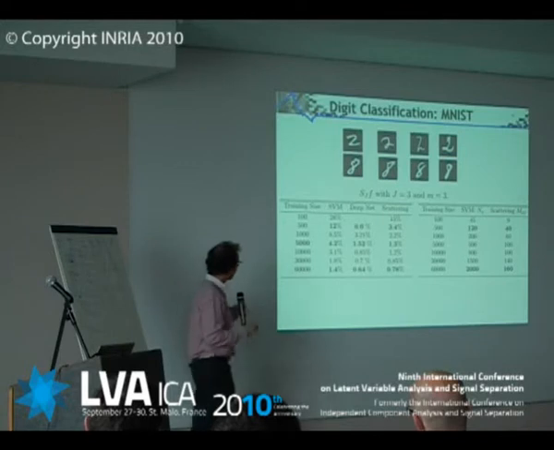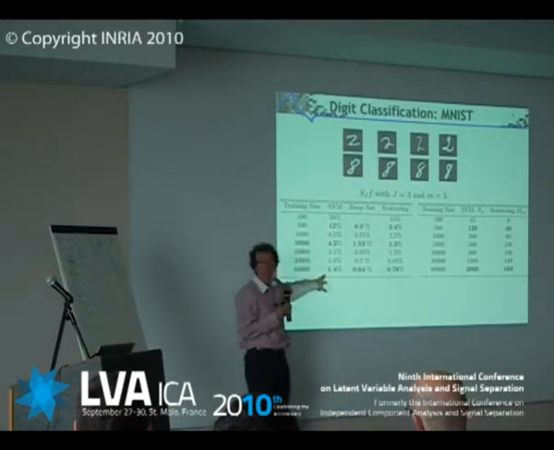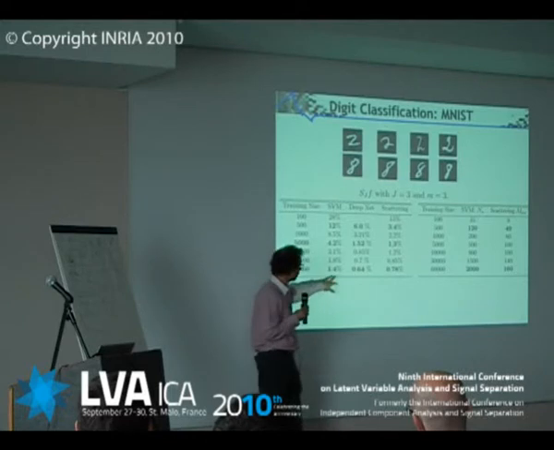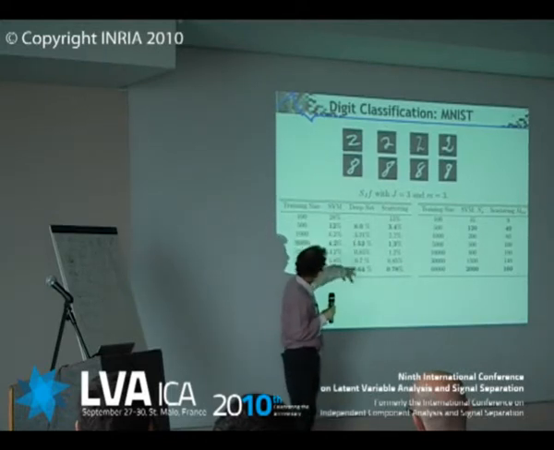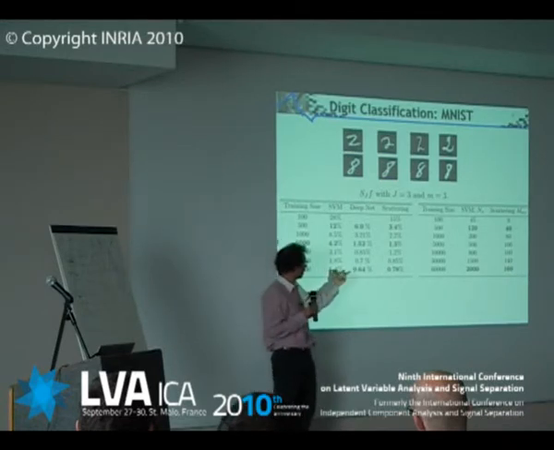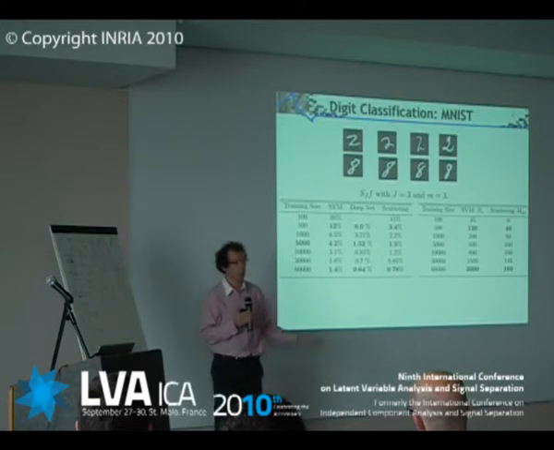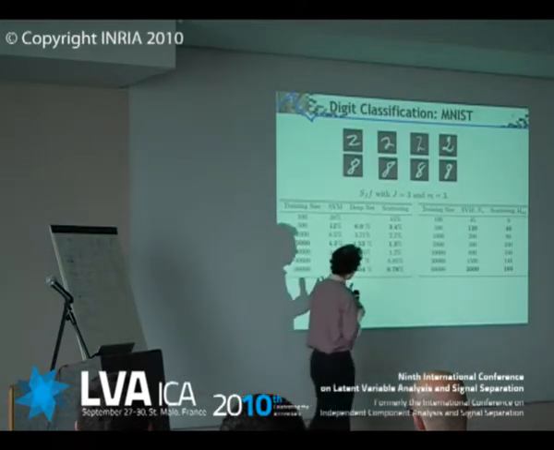These are the results with a support vector machine. You go from 28% to basically 1.4%. The state of the art with a deep neural network goes from 6% to 0.64%. The learning time for that kind of thing is about 24 hours on a computer cluster.